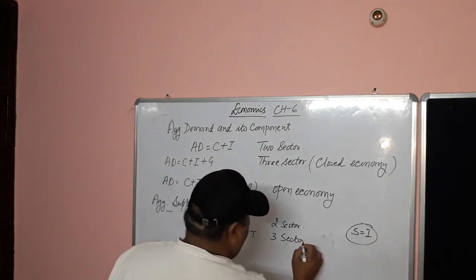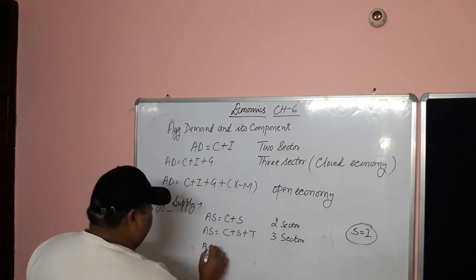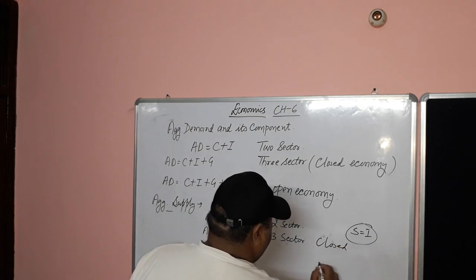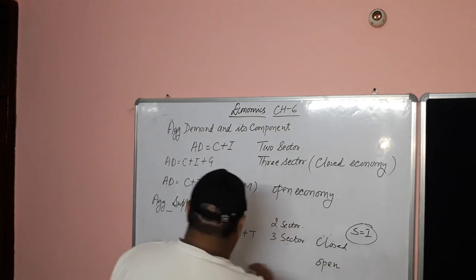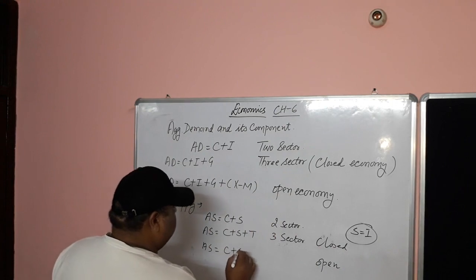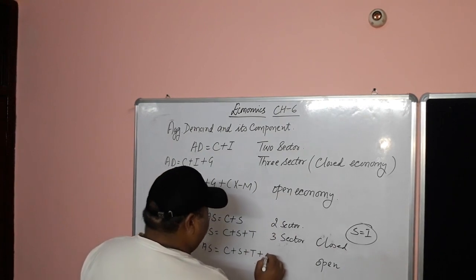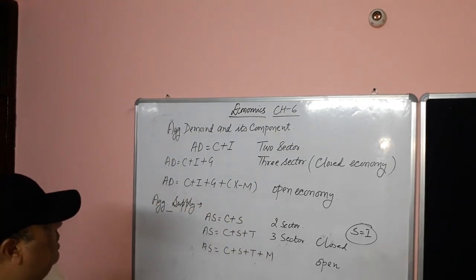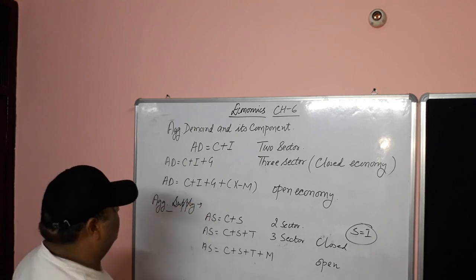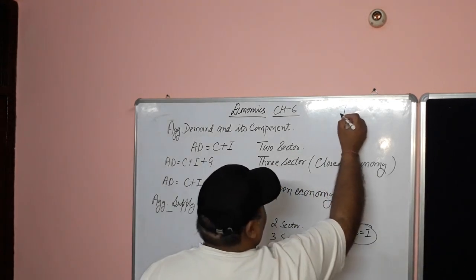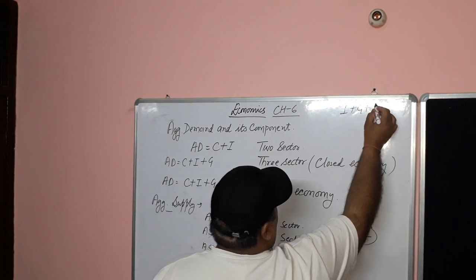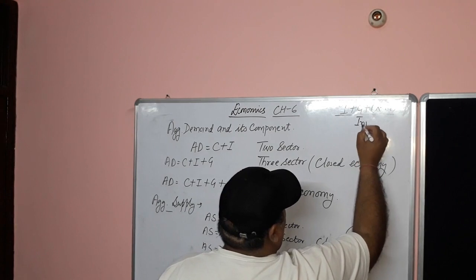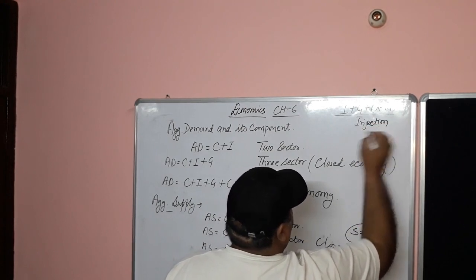In a 4 sector economy, it means the 3 sector economy is the closed economy, but in an open economy, aggregate supply is the consumption, saving, tax and import. And in the first chapter we discussed that there are some injections. Investment, government expenditure and net export are considered injections in the economy because they increase the economy.